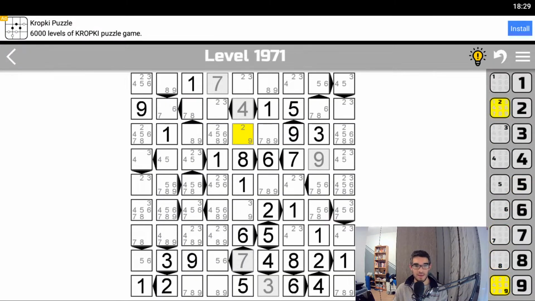I mean, not really, because I forgot that I also placed a 9 there, so I had to remove all the 9s in this row. And therefore this has to be an 8. This has to be a 7. So yeah, my bad. Sometimes I just can't see. 3. And therefore this is a 9.